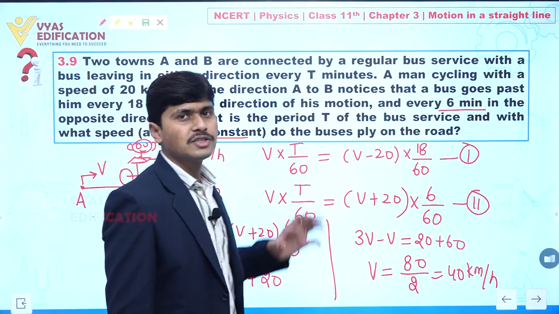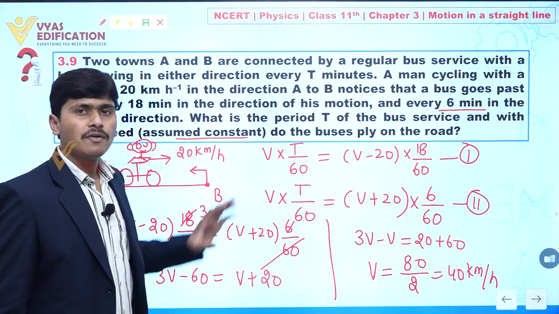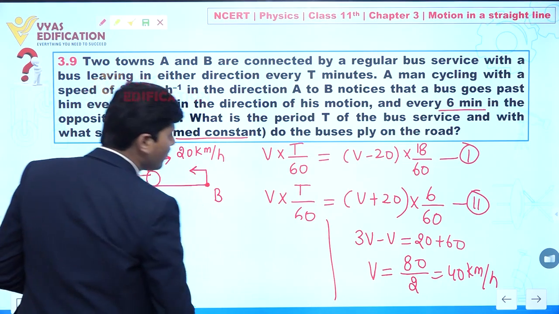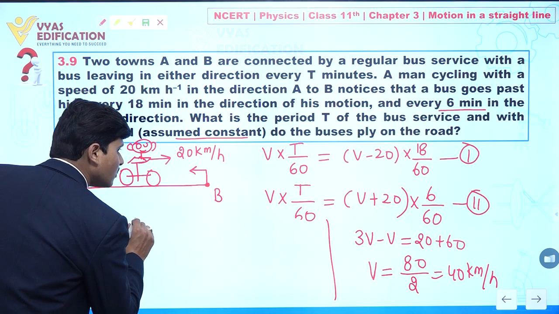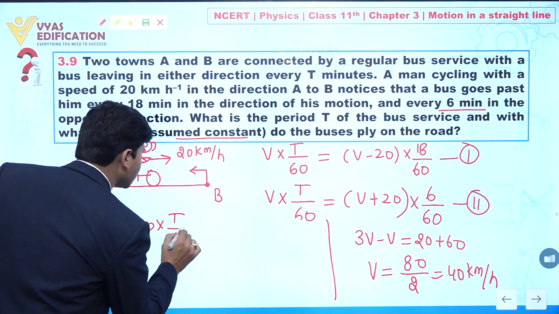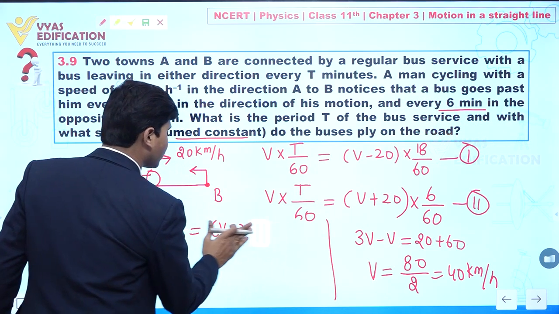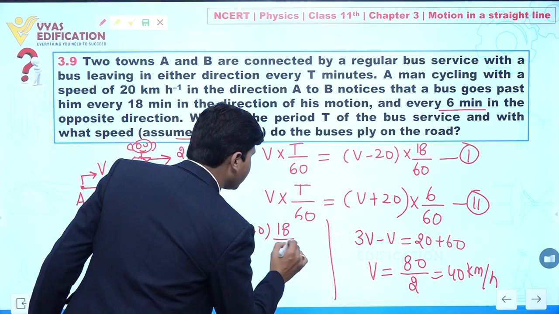Now the next objective is to calculate the time period of the bus service, clear. If we put the value of V in equation number 1, this is 40 into T by 60, equal to V minus 20, and V is 40, so (40 minus 20) into 18 by 60.